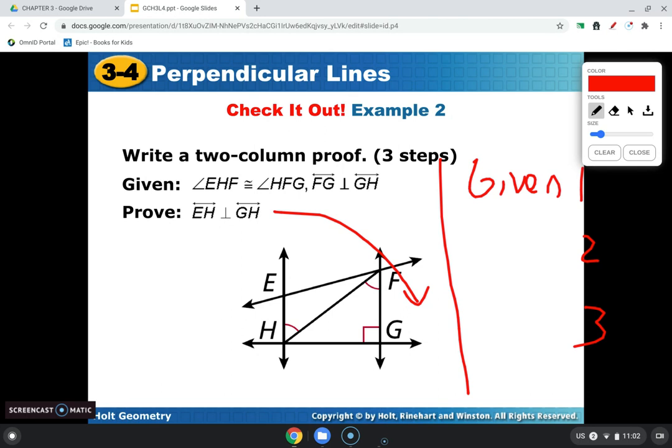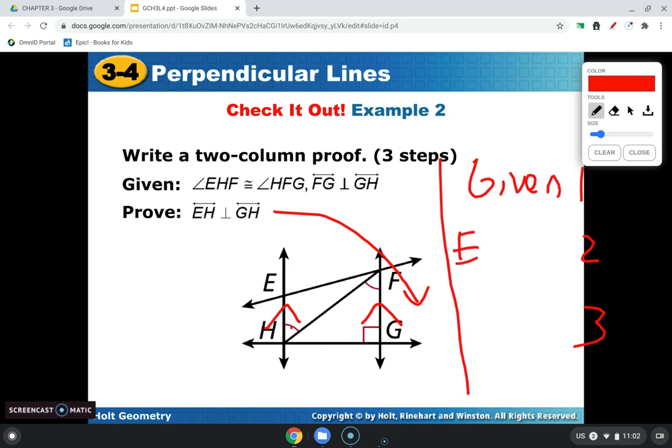All right, so, well, what kind of angle pair are those two? Alternate interior angles. Well, we know they're the same because we were given that information. So if they're the same, wouldn't those two lines have to be parallel?